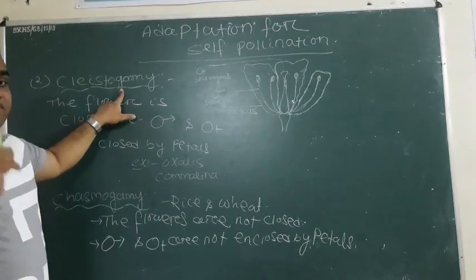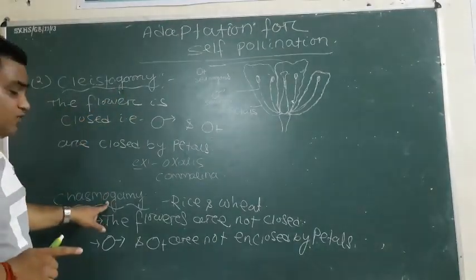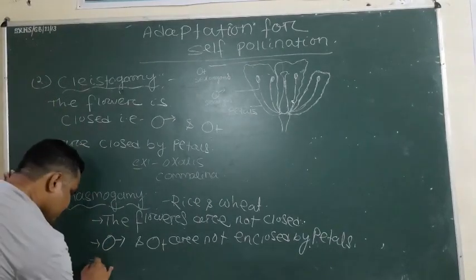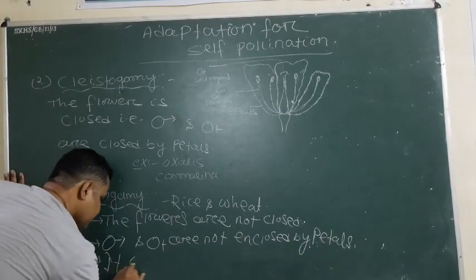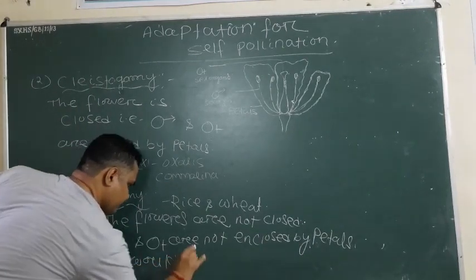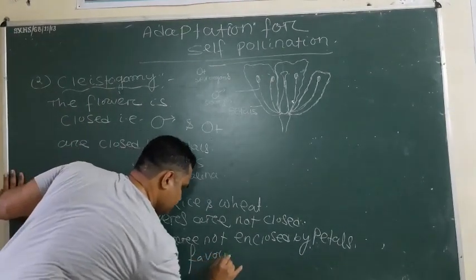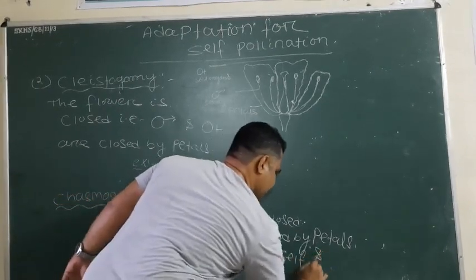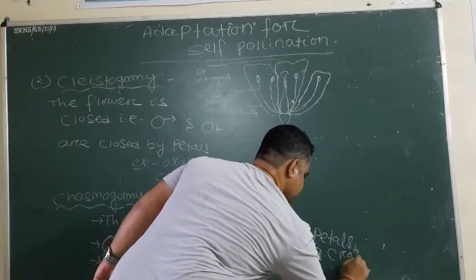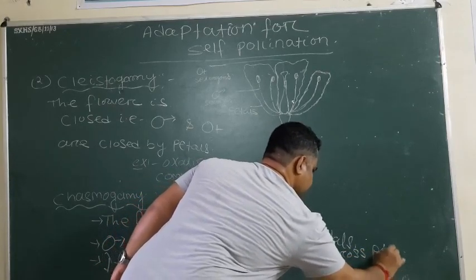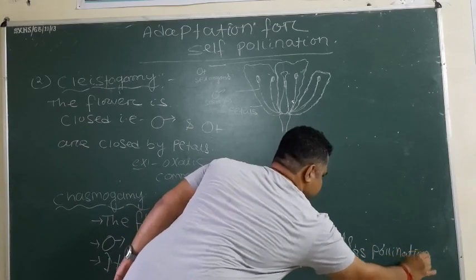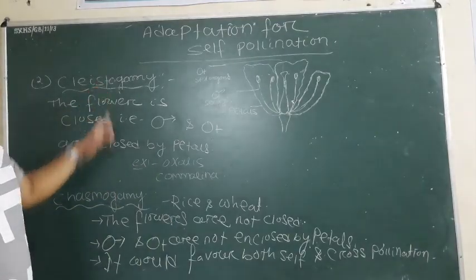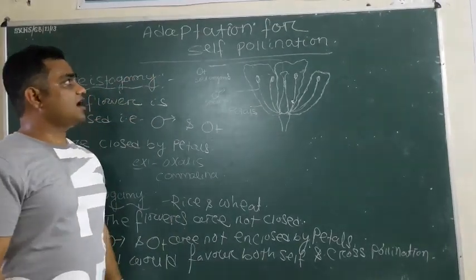But cleistogamy favors only self pollination. However, chasmogamy favors both self pollination as well as cross pollination. These are the major differences between chasmogamy and cleistogamy. They come under the adaptation for self pollination.